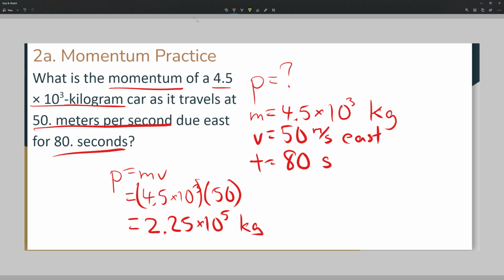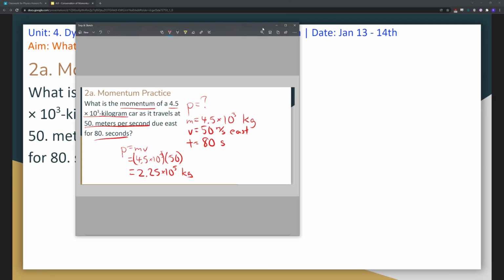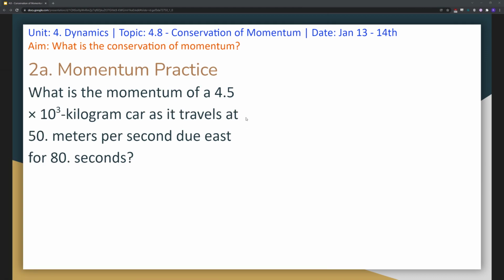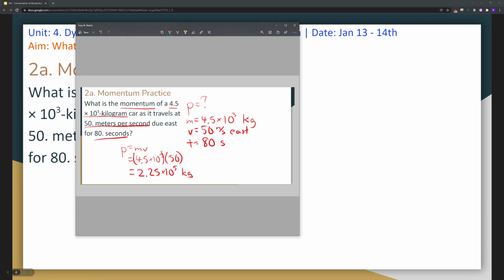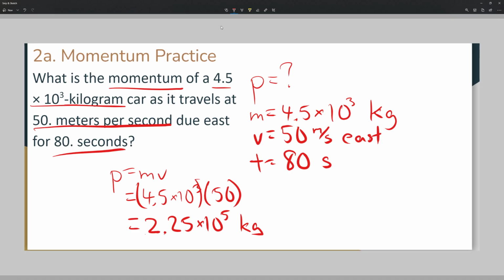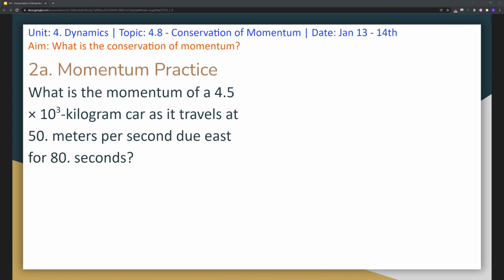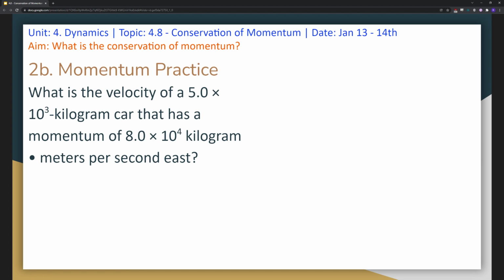Let me calculate this myself. 4.5 times 50. No, I am right. I don't know why I doubted myself. So this is the answer. Seems pretty simple enough, nothing too hard.